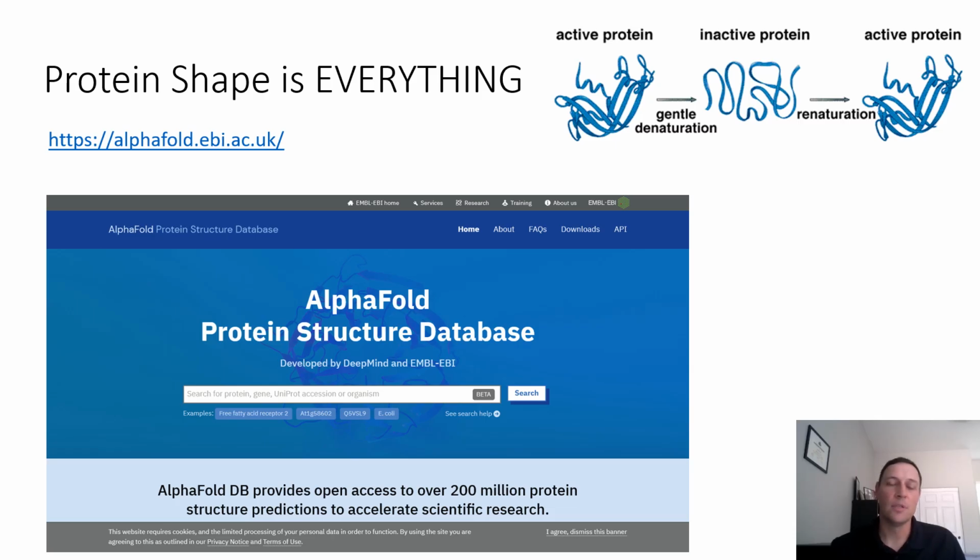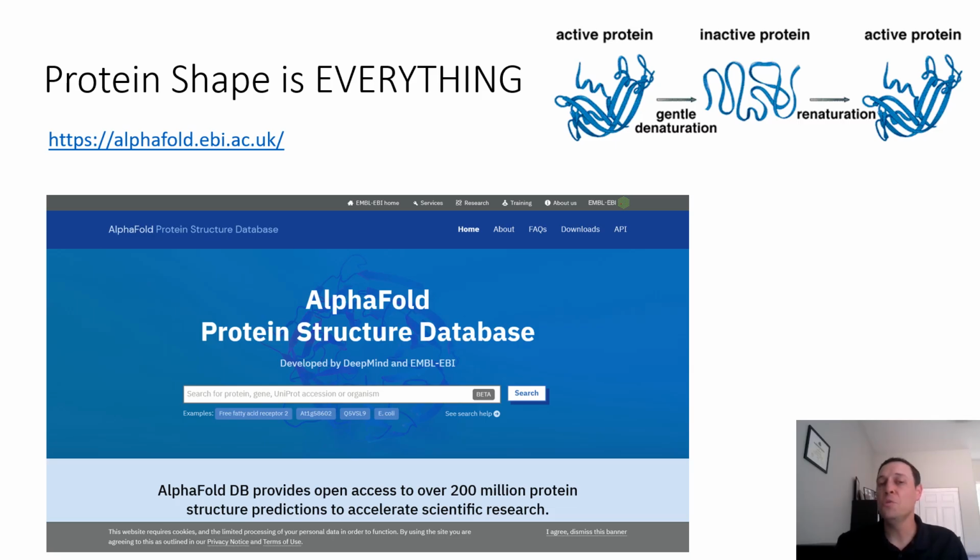This AlphaFold protein structure database that you see here is associated with a recent Nobel Prize, and how proteins fold into these specific shapes. It's something that is now largely predicted using computers. I definitely encourage you to take a look at it if it's something that you're interested in. It's actually pretty cool how it works.